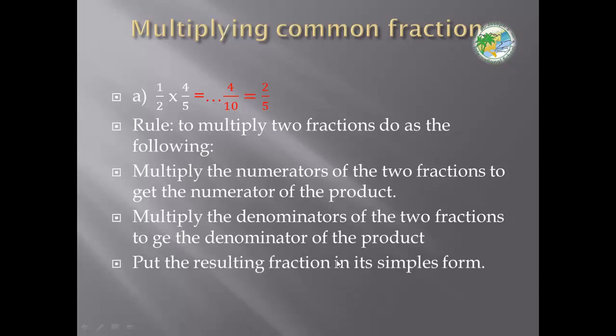Put the resulting fraction in the simplest form like this. 4 over 10 divide, احنا قلنا we said before in properties of fractions, if we divide the number for numerator, divide the same number with denominators. Multiply a number with numerator should multiply the same number with denominators.